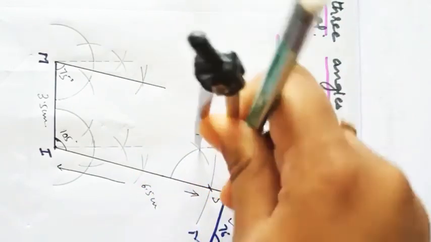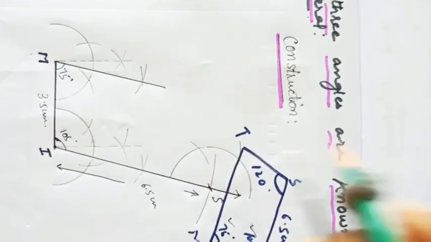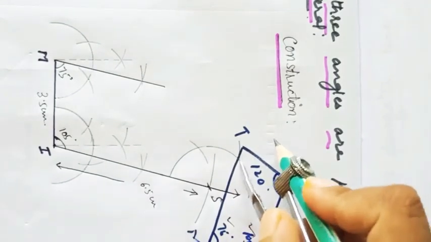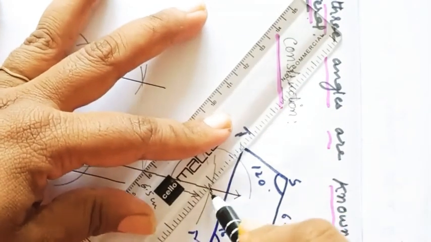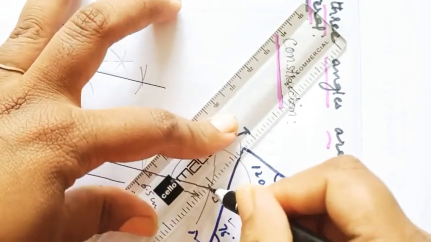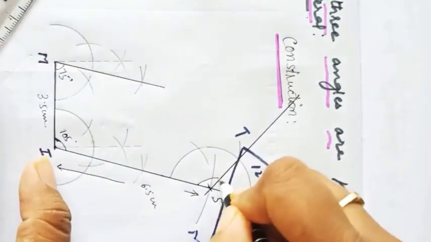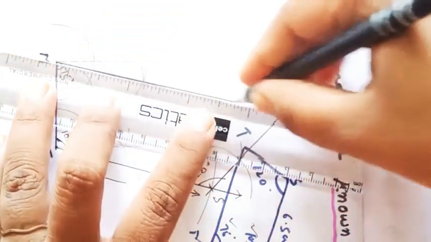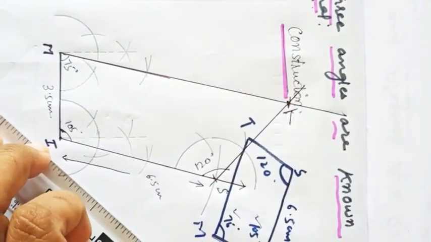Again your reference point is on your right side, so this is your 60 degrees and this is your 120 degrees. Just extend this line in such a way, and this is your 120 degrees. Extend this point, and this is your point T. This is your point T, that is MIST.